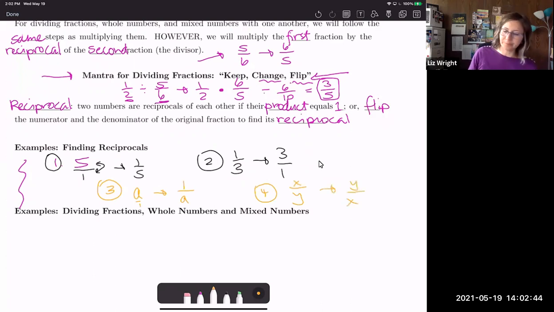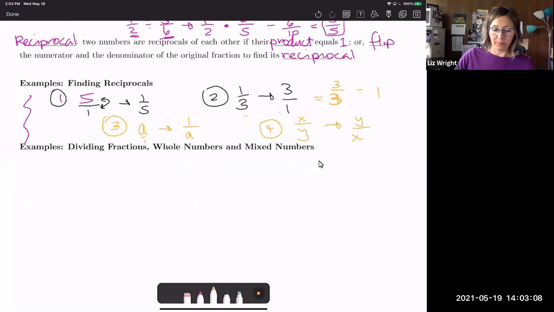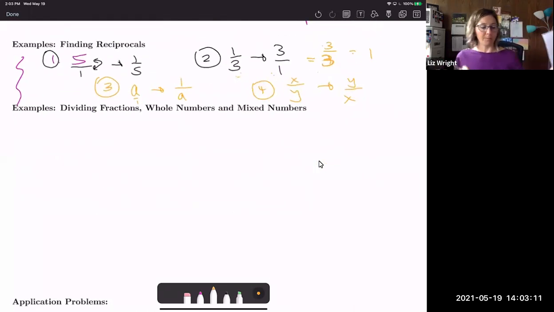And again, how do we know that they're reciprocals of each other? Well, if we multiply them together, the product is equal to 1. So if we multiply these two together, 1/3 times 3/1, we would end up getting 3/3. 1 times 3 is 3, 3 times 1 is 3, and 3/3 gives us 1, right? So that's how we know for sure that we've come up with the correct number for the reciprocal.